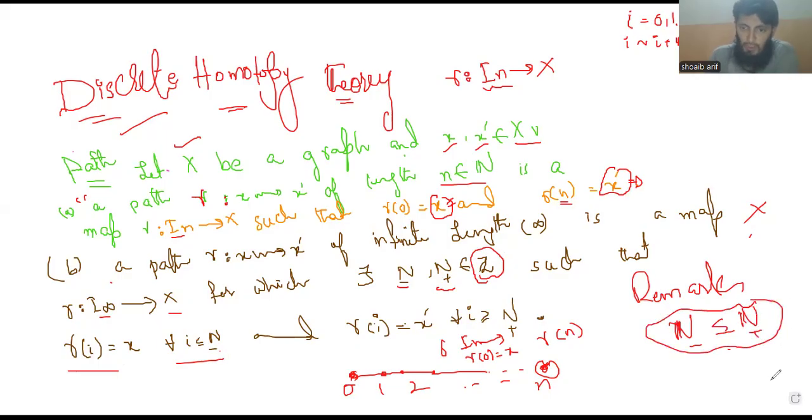So how can we draw this picture? Let's say I_infinity, the infinite interval graph. This is negative infinity, this is positive infinity, this is 0, this is 1, this is 2, and so on, and this is minus 1, this is minus 2, and so on.